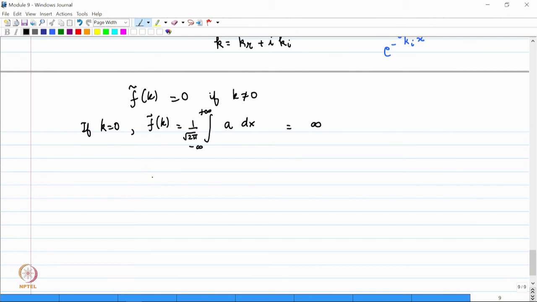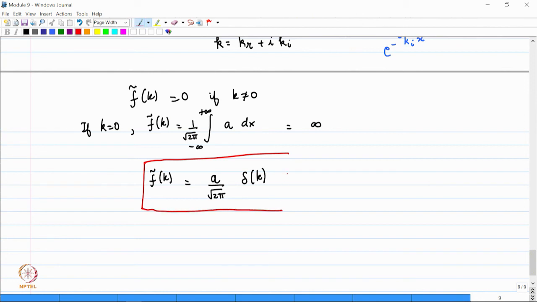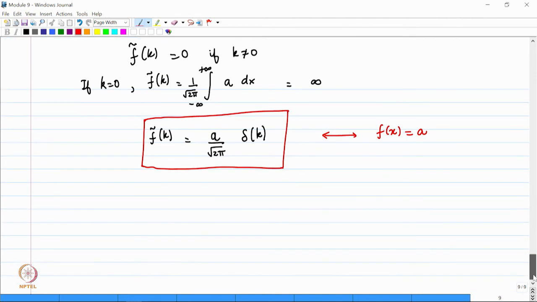So, we write f tilde of k as a by root 2 pi delta of k. This is the Fourier transform of a constant function.